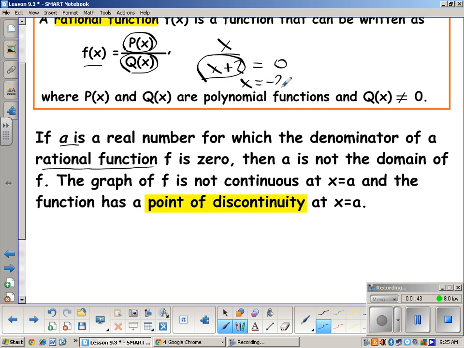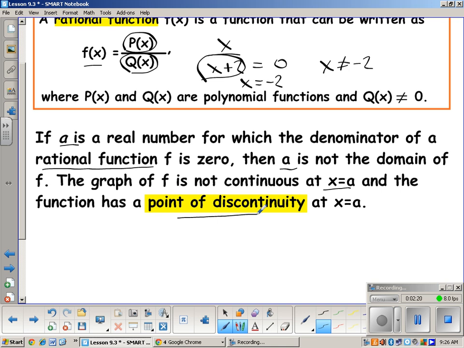So if a is negative 2 in this scenario, then a is not in the domain of f. In other words, my domain for this, we'd say x cannot equal negative 2 because we can't allow the denominator to be 0. And then the graph of this function f is not continuous at x equal to a, and the function has a point of discontinuity.